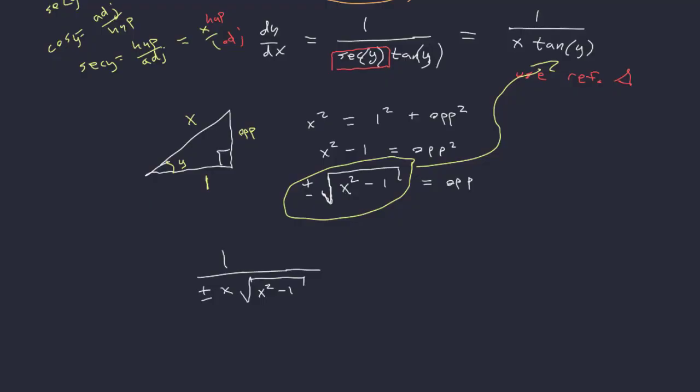Okay, so that means since secant inverse always increases, the derivative must be positive.